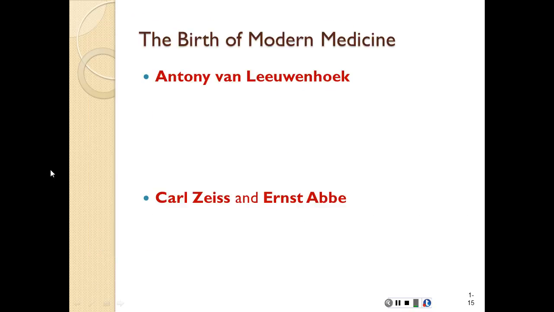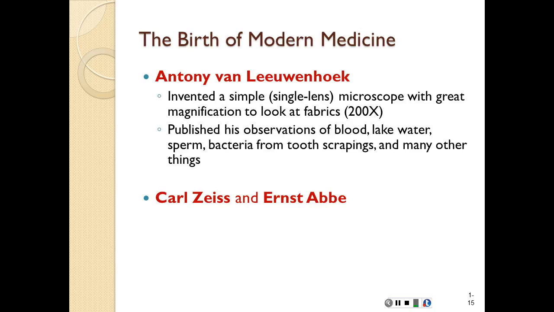We have a few more individuals. We have Leeuwenhoek, Carl Zeiss, and Ernst Abbe. When we deal with Leeuwenhoek, he improved the magnification of the microscopes so that we're able to see about 200 times.